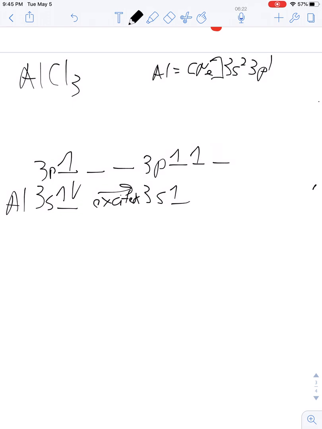And when it does this, I now have 3 unpaired electrons, so I'm going to hybridize an s and 2 p orbitals.